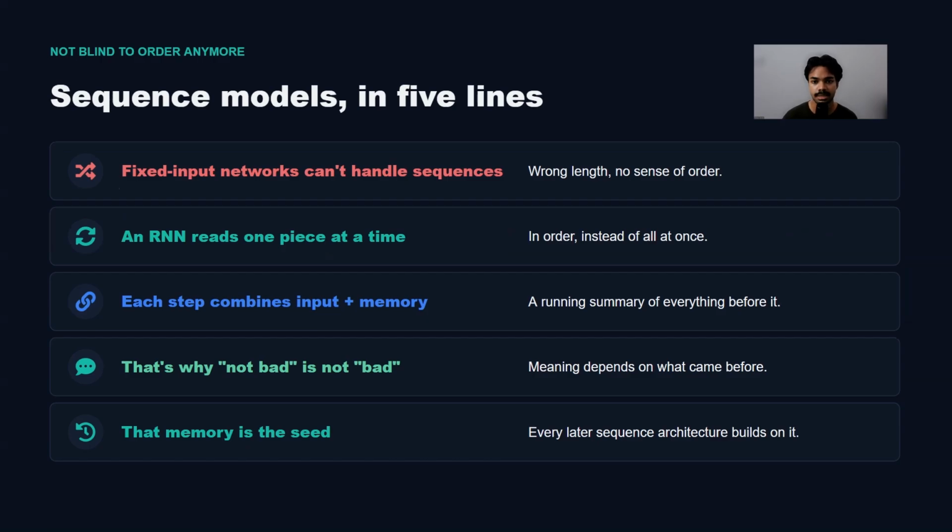Wrong length, no sense of order. An RNN reads one piece at a time, in order, instead of all at once. At each step, it combines a new input with a memory of everything before it. That memory is what lets not bad mean something completely different from bad. And that looping memory is a seed every later sequence architecture builds on.